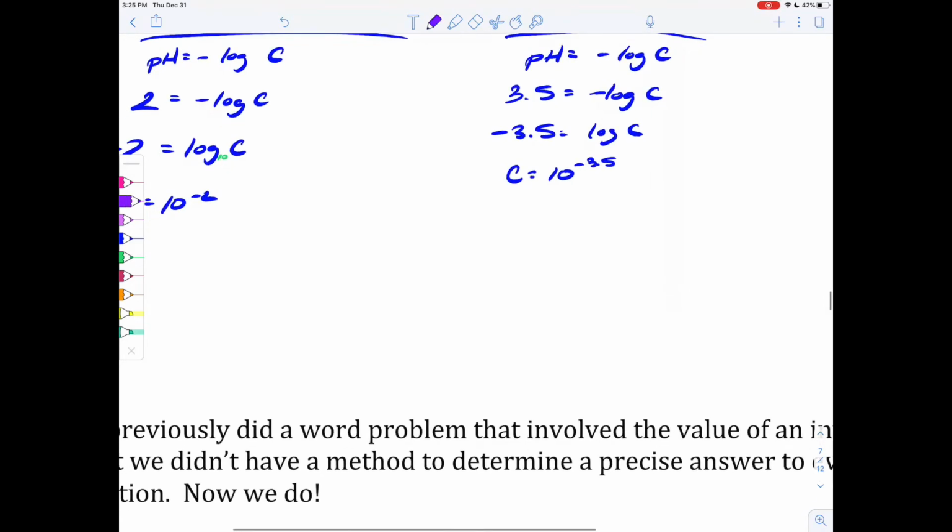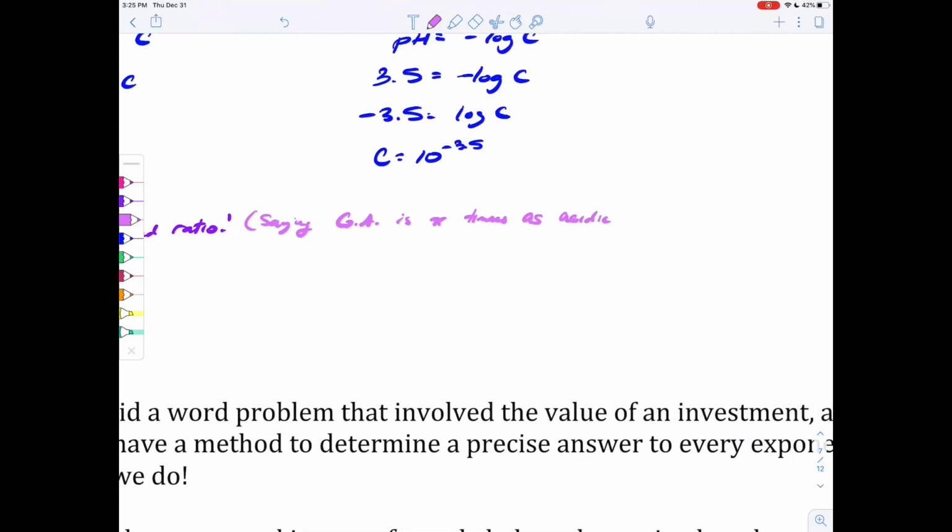What we're really after is, of course, the ratio, because we're saying that gastric acid is some amount of times as acidic as orange juice, which means that we're saying that the concentration of hydrogen ions in gastric acid is some multiple of the concentration of hydrogen ions in orange juice.